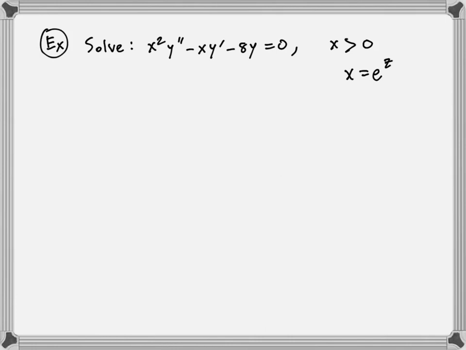Okay, so now look, because of that, we know that this is Cauchy-Euler. That's the tip-off, okay? It's not constant coefficients, but it is Cauchy-Euler. So we're going to let x equal e to the z. Okay?